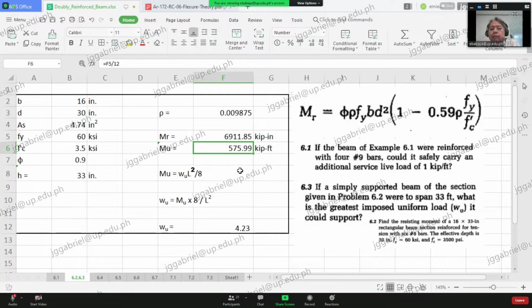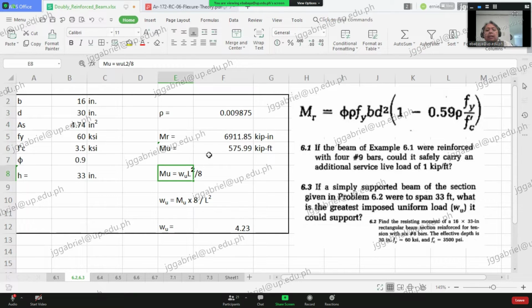Now, our formula, since we have a uniform load and we are considering a simply supported beam, is WU L squared over 8.